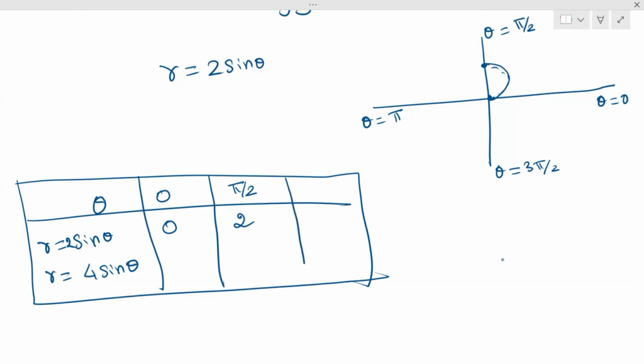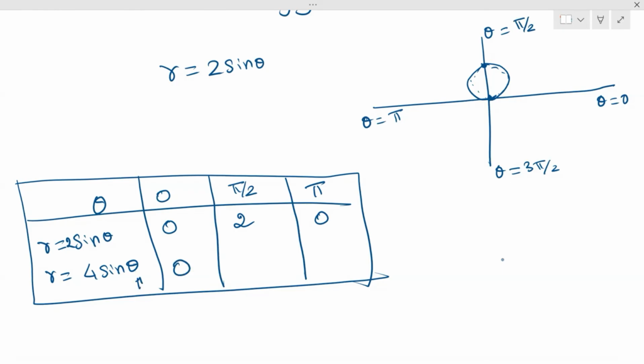And similarly for pi, what is the value of r? Again, it is 0. In between 90 to 180 also, we are having so many values, so it is a circle like this. So that is for r equal to 2 sin theta. And similarly for r equal to 4 sin theta, when we substitute theta equal to 0, r value is 0.